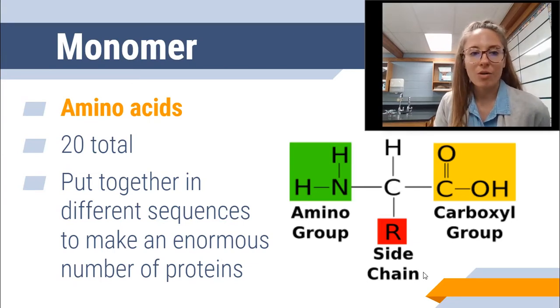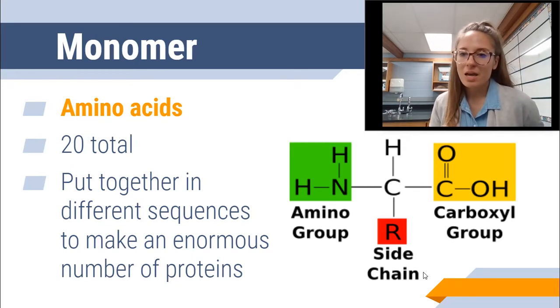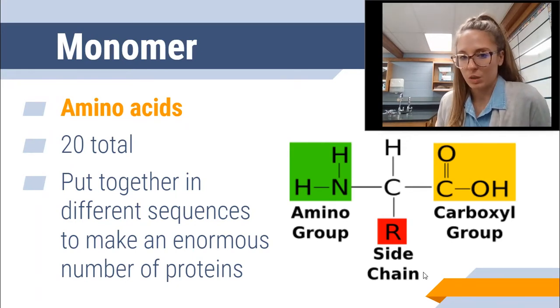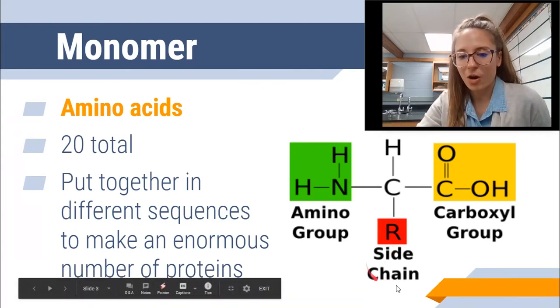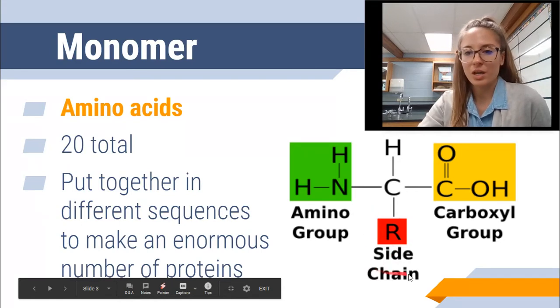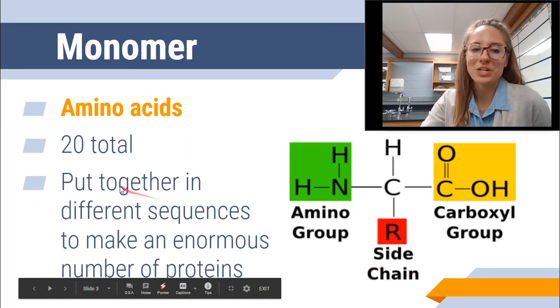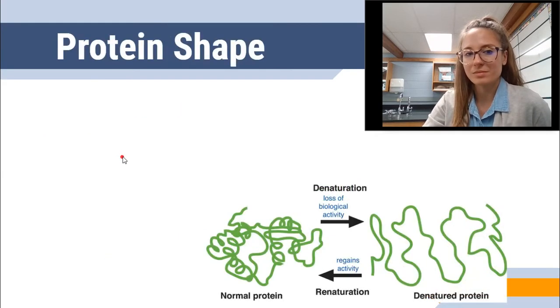So really all you need to know about amino acids is that the part that differentiates between the different types of amino acids is something called a side chain. Whatever the side chain is will determine which of the 20 you are looking at.